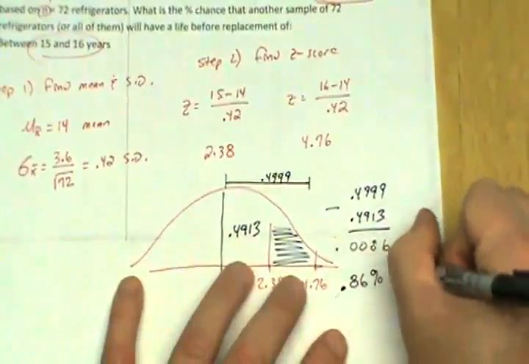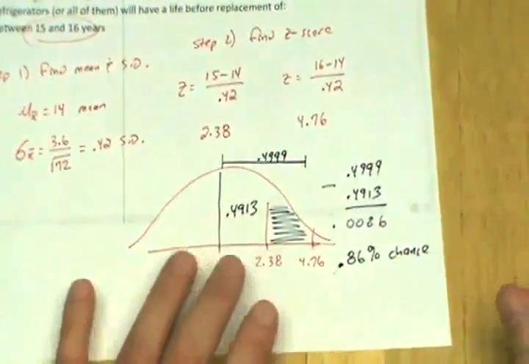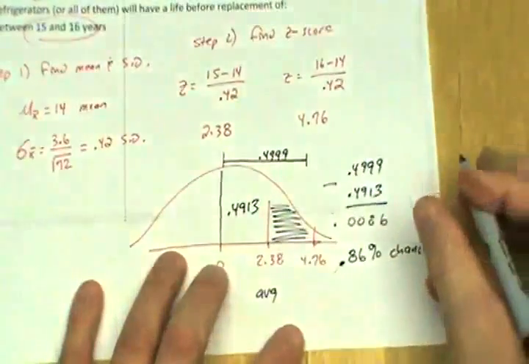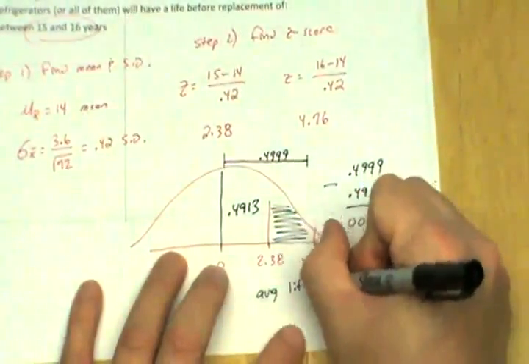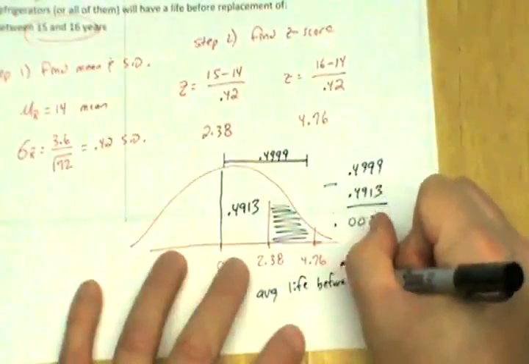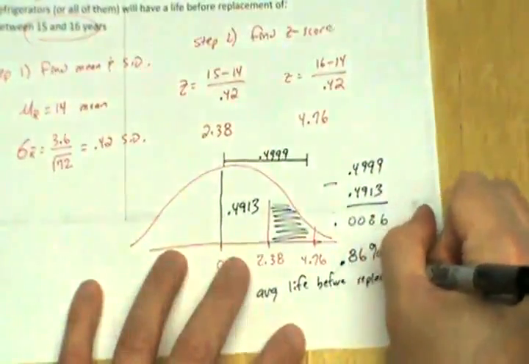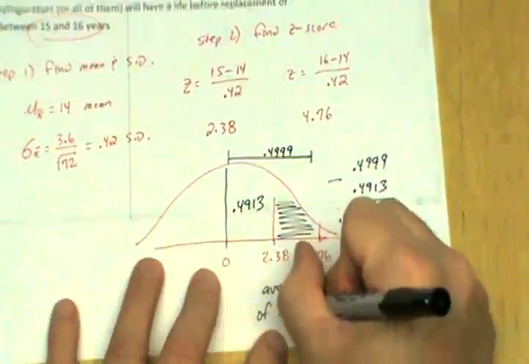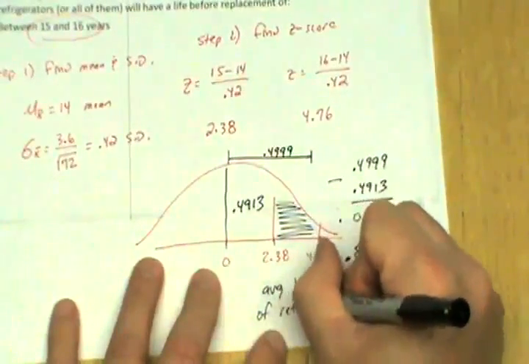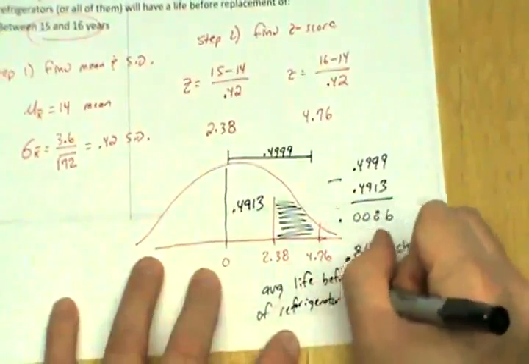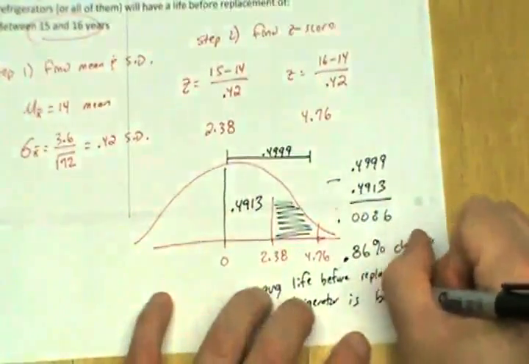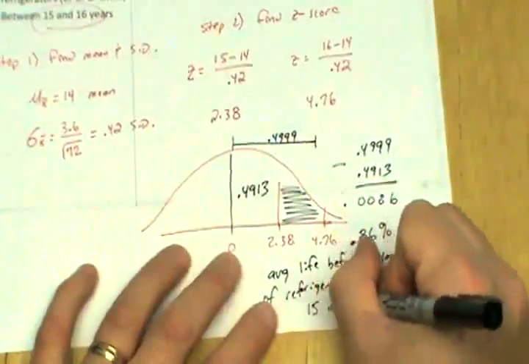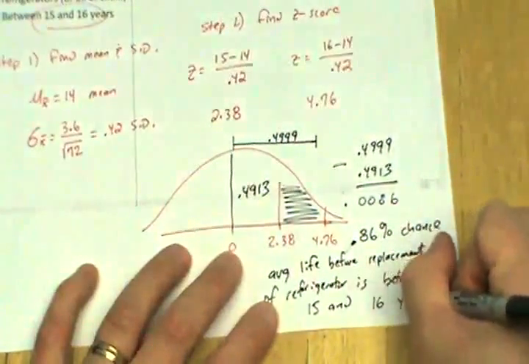So 0.86% chance that the average life before replacement of a fridge will be between 15 and 16 years.